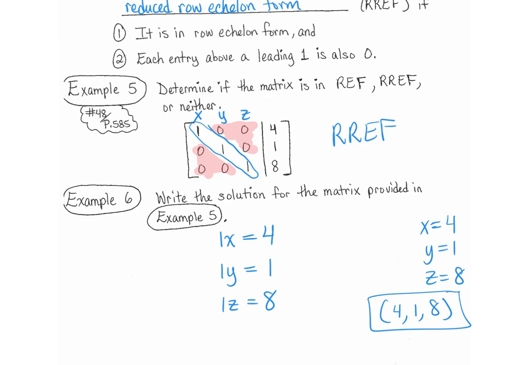Whenever we have to solve a system of equations using matrices, you can either use Gaussian elimination, which means you get your matrix to row echelon form and then back substitute, or you use Gauss-Jordan elimination and put your matrix in reduced row echelon form so you can read off the solutions like you just did here.